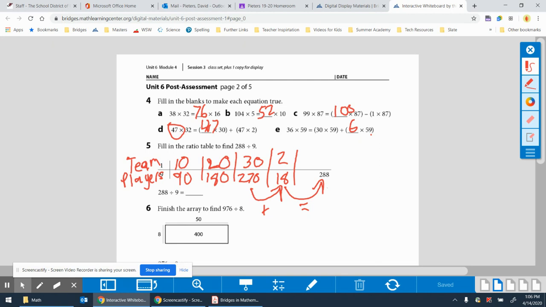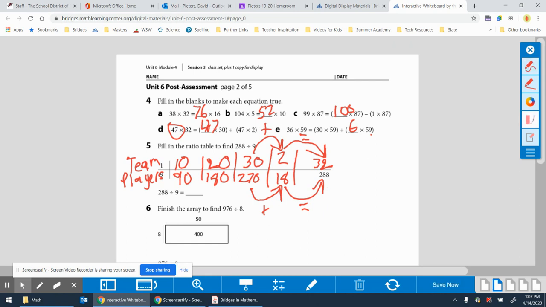Now we have our 288 players, and that took 30 teams here, plus those 2 teams, which will equal 30 plus 2 is 32 teams. So once again, if we label it teams and players, sometimes that helps with trying to figure out what it is that we're trying to do here.